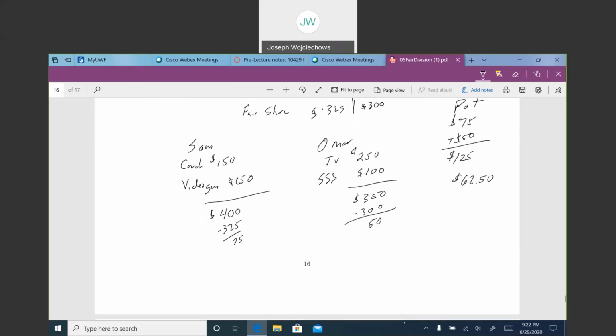So essentially, this is broken down as Sam gets the couch and the video game. However, in Sam's mind, still more than a fair share.